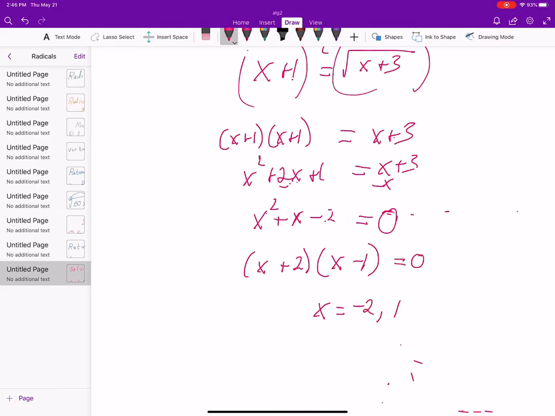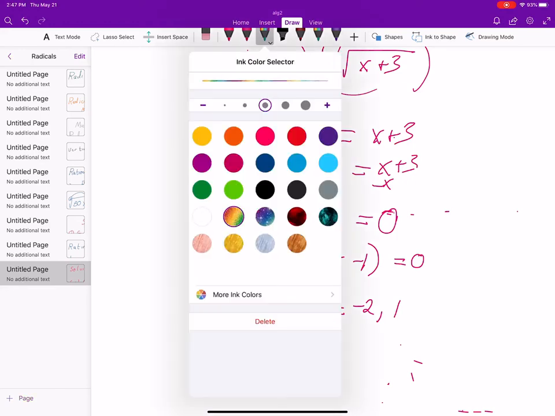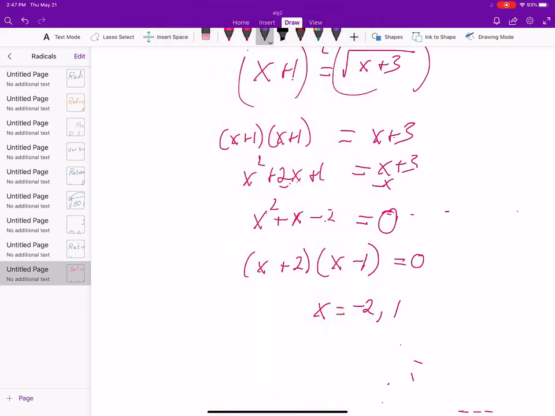All right. Normally you can use the quadratic formula to get it. But remember I said check it to make sure that both are solutions. So if you put 1 back in here, let's change this color to purple. If we put 1 right there and 1 right here, does that work? We get 1 plus 1 is 2 equals the square root of 4.